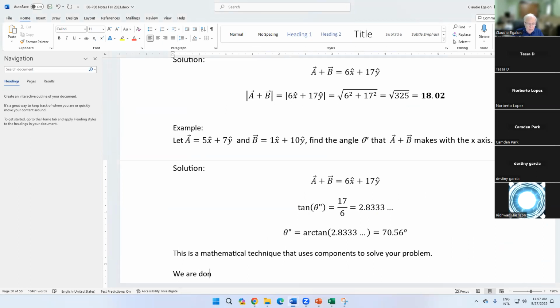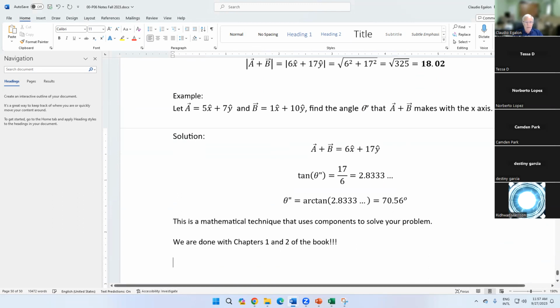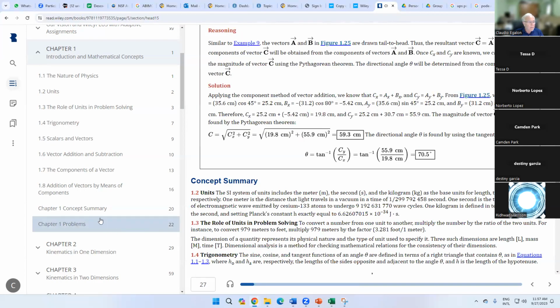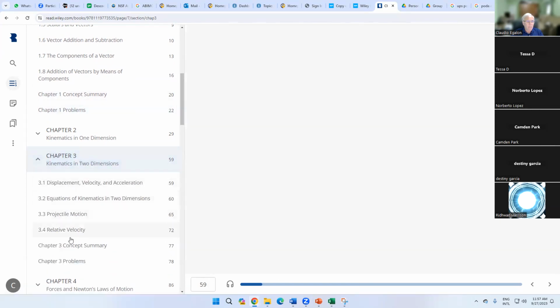So we are done with chapters 1 and 2 of the book. And what we're going to do next is get into the kinematics of two-dimensional motion.